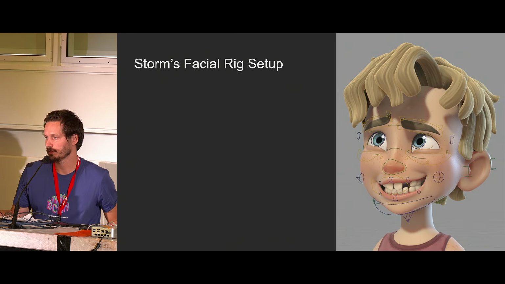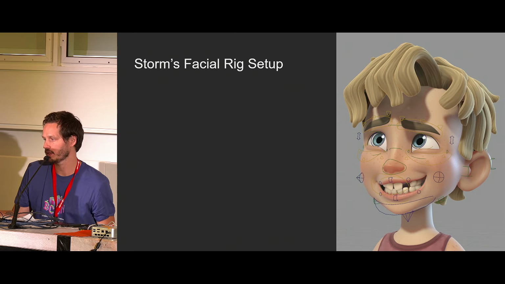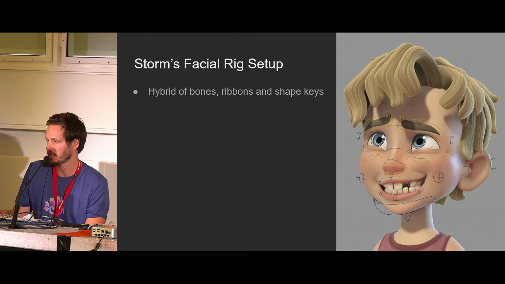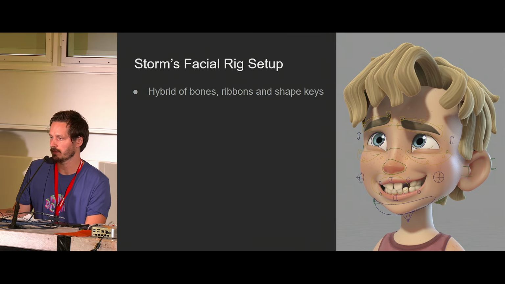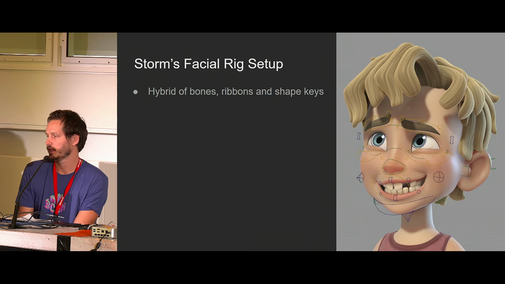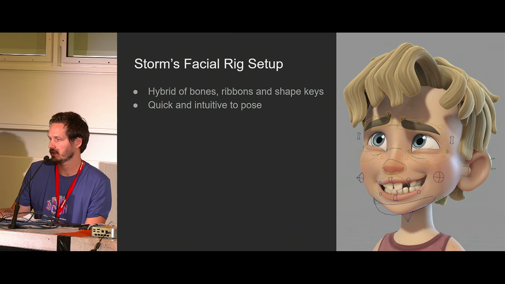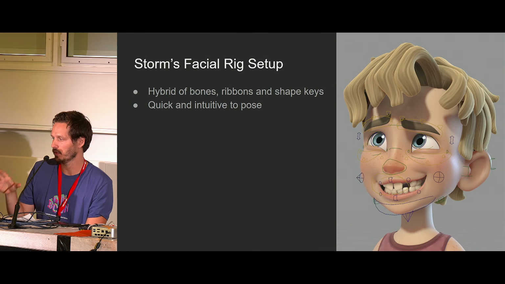Now, Storm's facial rig setup, I wanted to hit a few targets and a few properties where it consists of a hybrid of bones, ribbon guides, and we'll jump into each feature separately, and shape keys. The overarching perspective here is I wanted to make this rig from an animator's perspective.